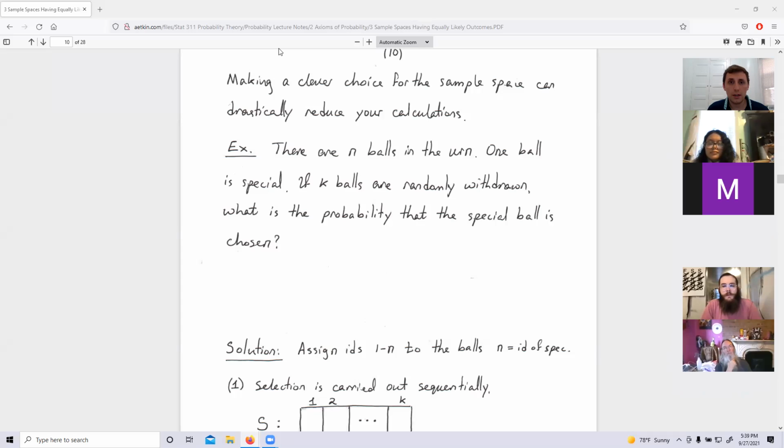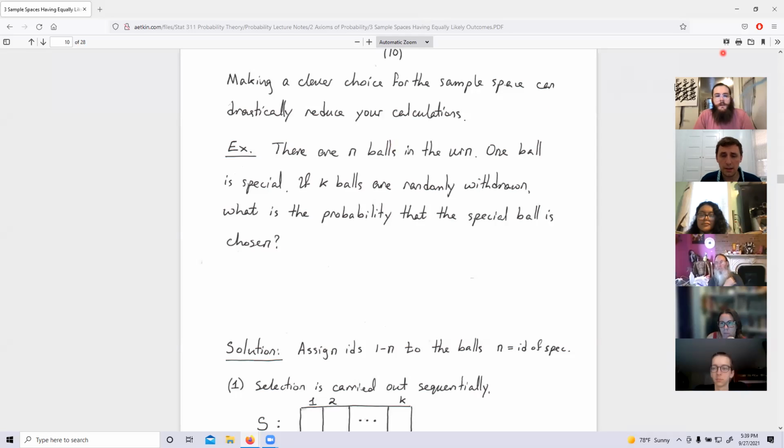Recall that we started considering sample spaces having equally likely outcomes. Those are just a set of universes where each universe is just as likely to appear as any other universe. When you are calculating probabilities, you are solving two combinatorial problems, one for the numerator and one for the denominator.